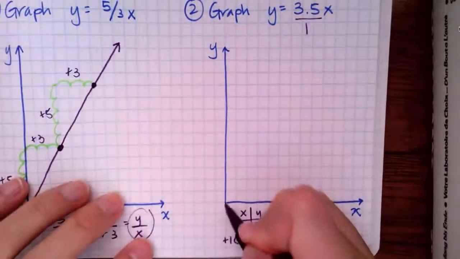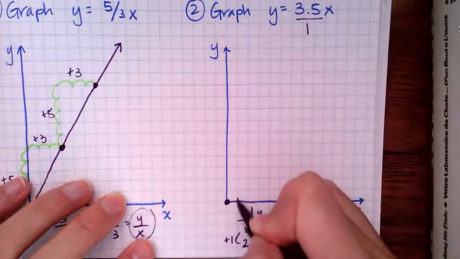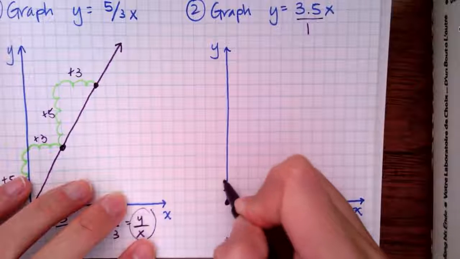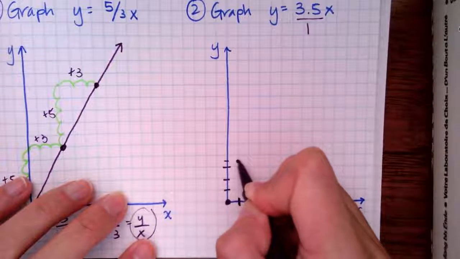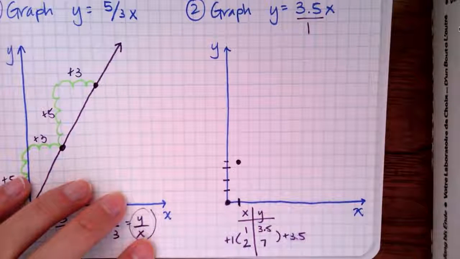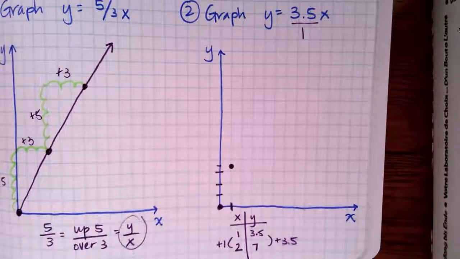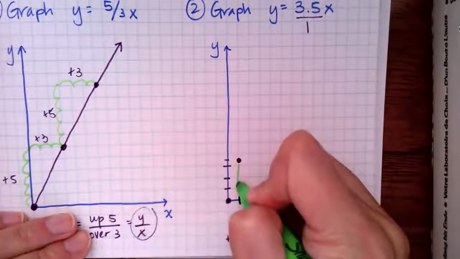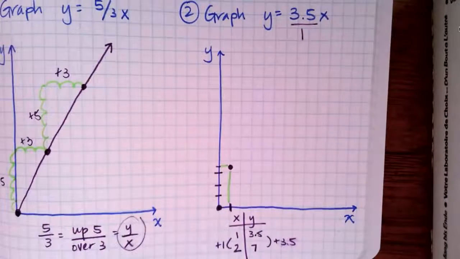So I'm starting at 0. 1 and 3.5. Here's 1. Here's 1, 2, 3, and a half. So we'll go right here. Okay? Lines up with 1. Let me use my highlighter so you can see that. 1, and then this is 3 and a half because it's 1, 2, 3 and a half.